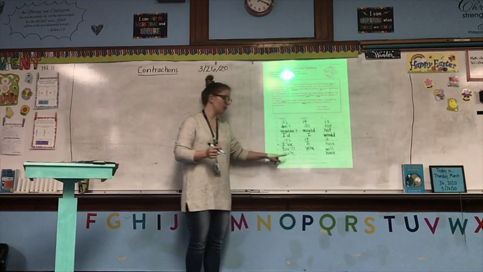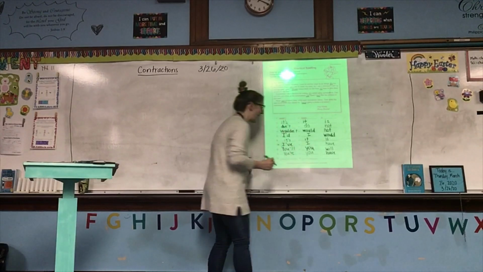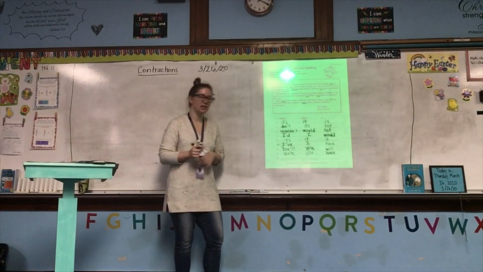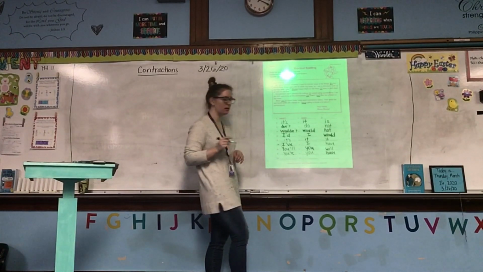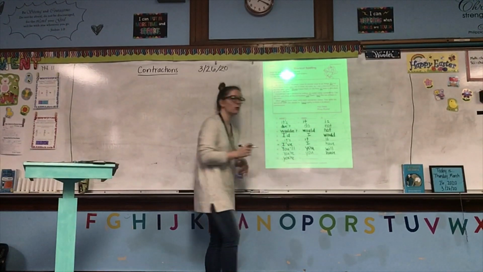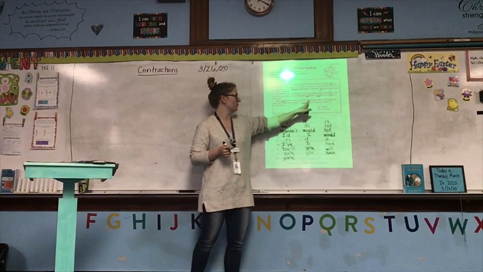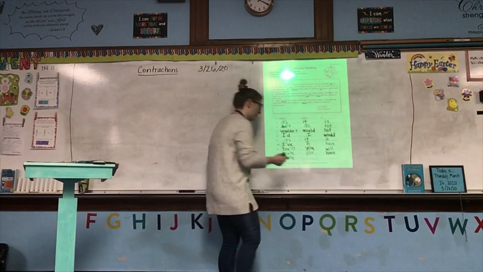And whatever comes before the apostrophe is the first word, so we have you have. And the last one, number 10, we have, just like that one we talked about and what you're going to be working on in your independent practice, we have you're. We know that we're not saying that somebody owns going. We are saying you are.